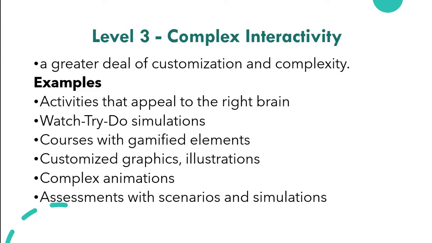It includes activities that appeal to the right brain aptitudes of empathy, storytelling, and play. Watch, try, do simulations, courses with gamified elements, customized graphics and illustrations. It could be backgrounds, characters relevant to the topic being discussed, and complex animations and assessments with scenarios and simulations.